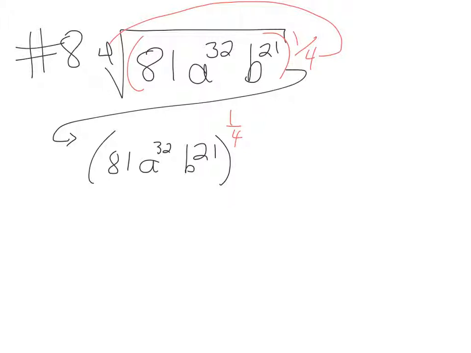Then after that, you can apply the properties of exponents, which is 81 raised to the 1/4, a to the 32nd raised to the 1/4, and b to the 21st raised to the 1/4.